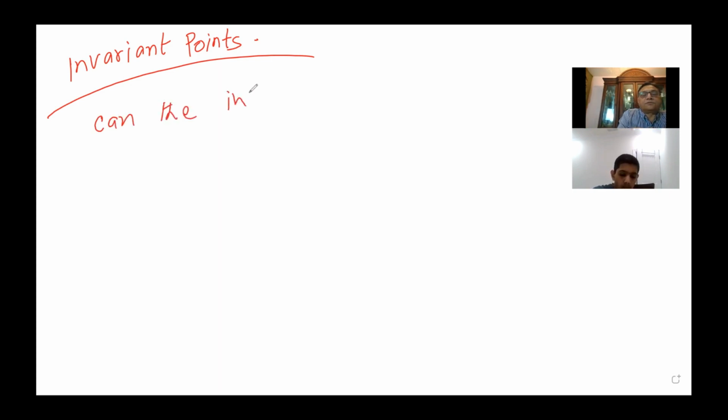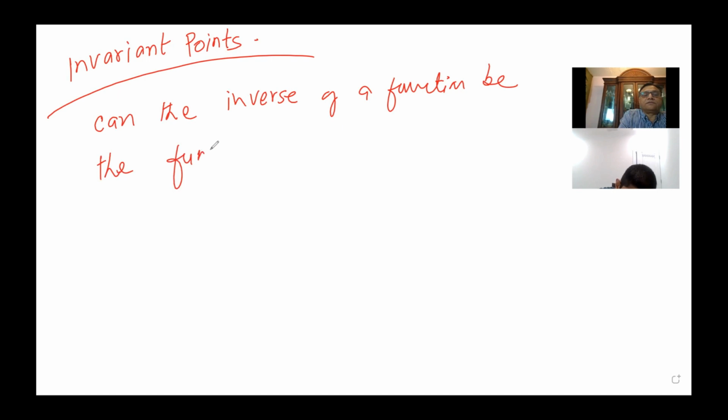Can the inverse of a function be the function itself? Yes. Can it be? If so, you have to give examples.